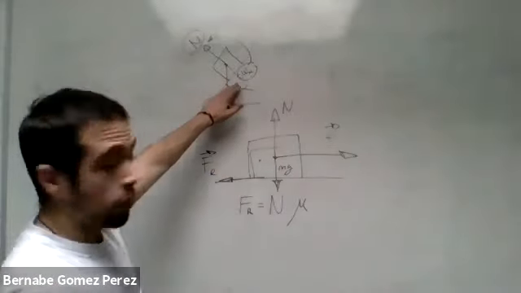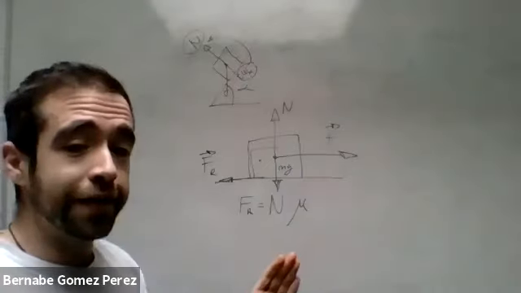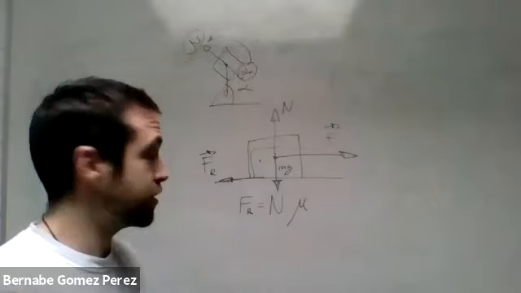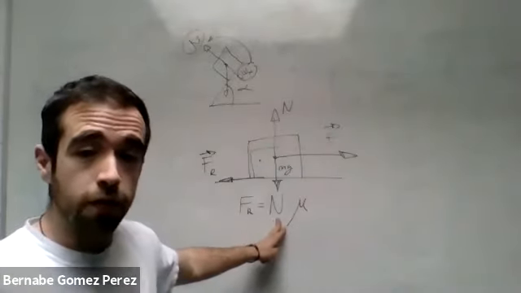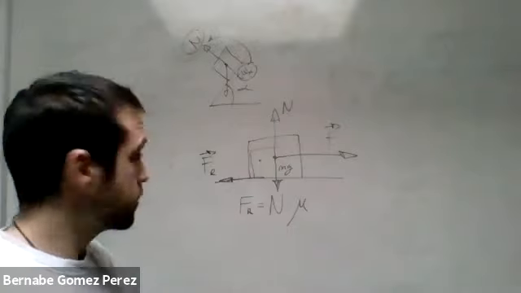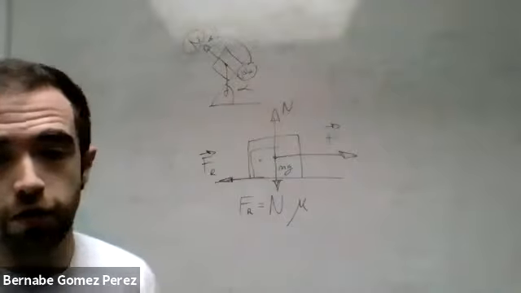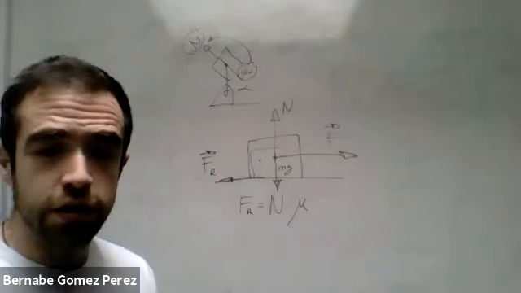So if the component orthogonal to the surface is decreasing as the slope increases, the friction force is also going to decrease, because the friction force is directly related to that normal force. This is really important to understand, guys, because we are going to work through it now in the exercises. Do you have any question about this?